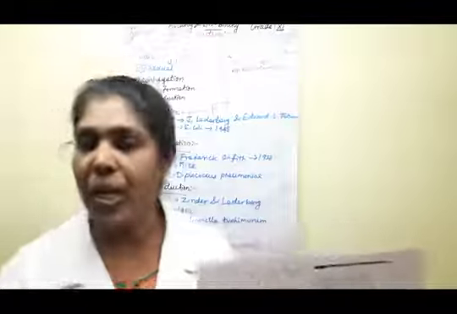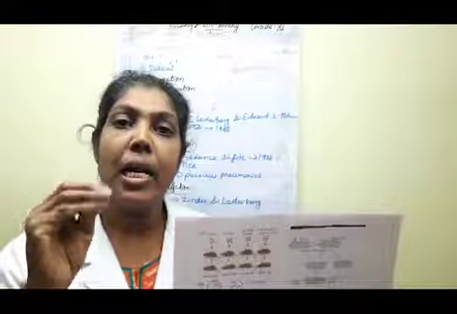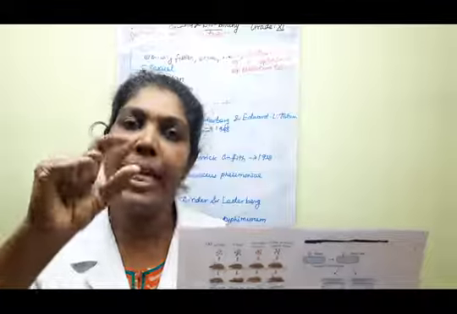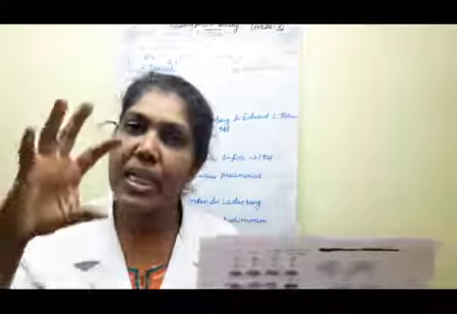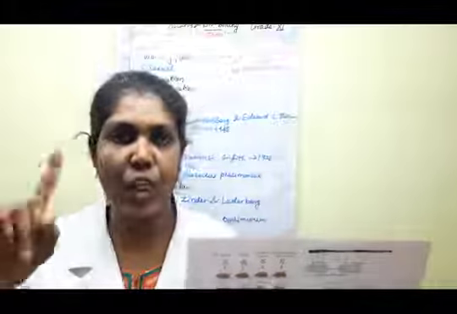The first one is the S type of strain and the other one is the R type of strain. So these are the two strains.